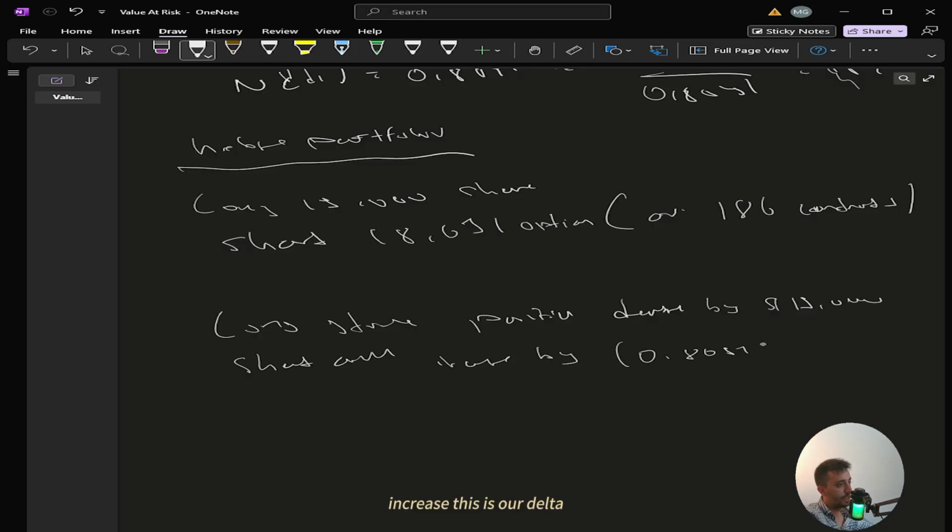This is our delta, cumulative normal distribution, times the option contract numbers, and this is equal: no change in portfolio.